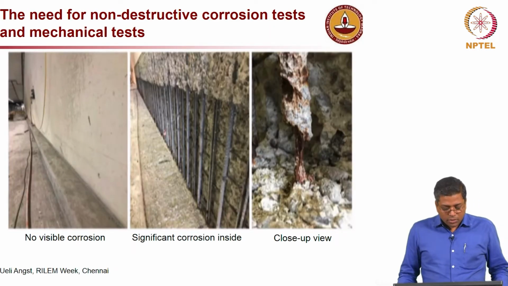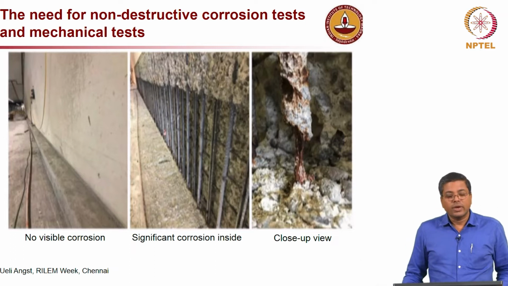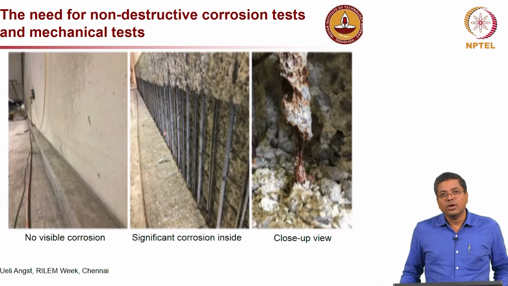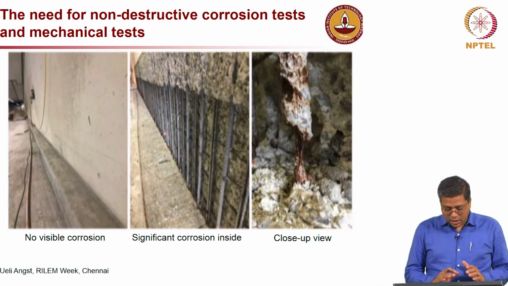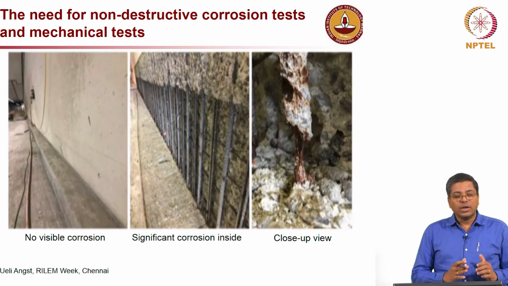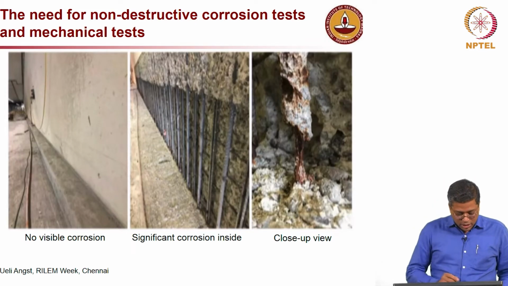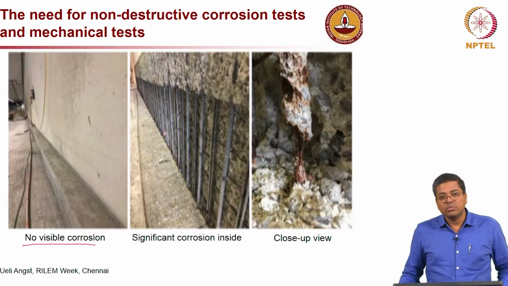Now, before getting into the various tests, we will look at the need for non-destructive corrosion tests and mechanical tests. Here in this picture, the first picture on the left shows a concrete wall with no visible corrosion or stains of corrosion.